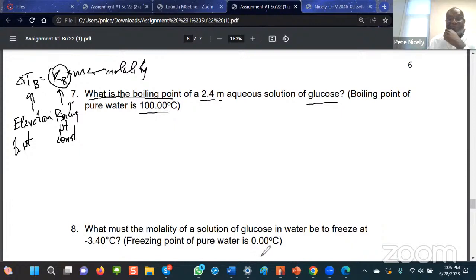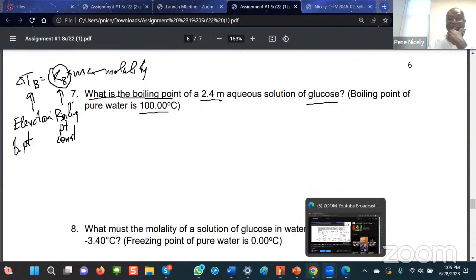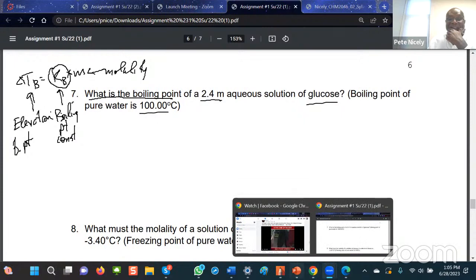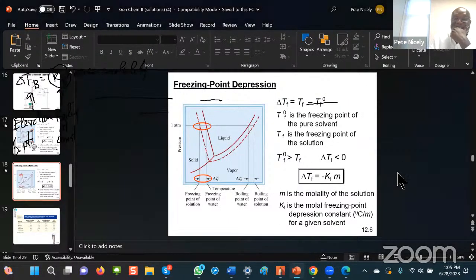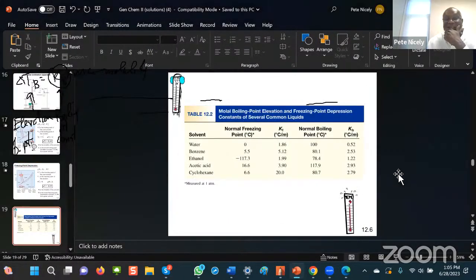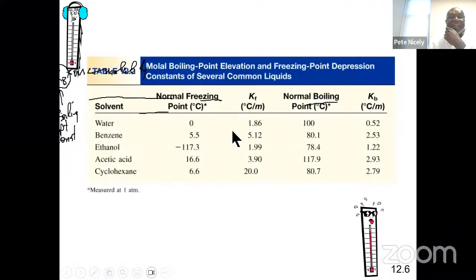Maybe I didn't tell you this, but the KB value is a constant. And that would have to be provided by yours truly. So let me do that now. Let me just show you this table right here. This table gives the KB value for different substances. And I'm talking about this column right here.